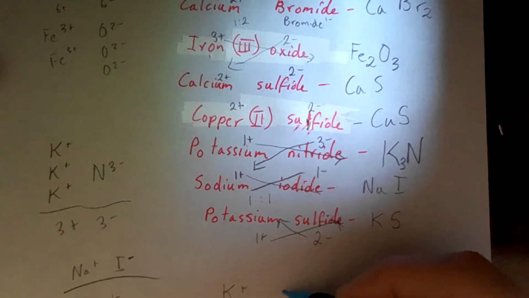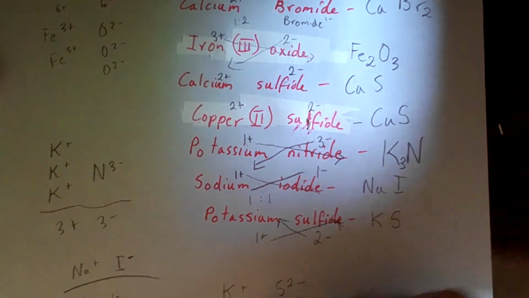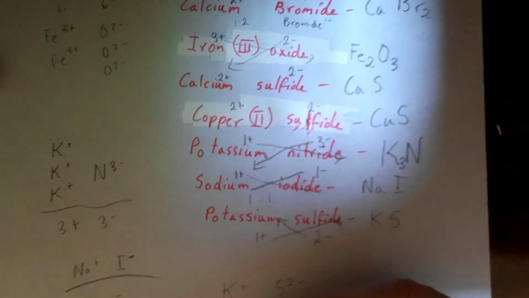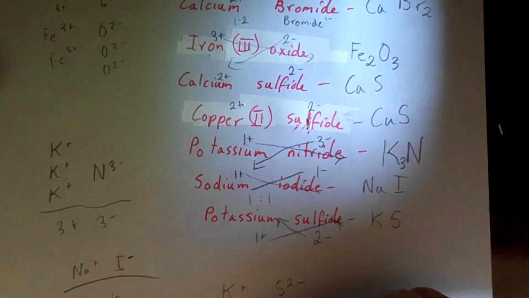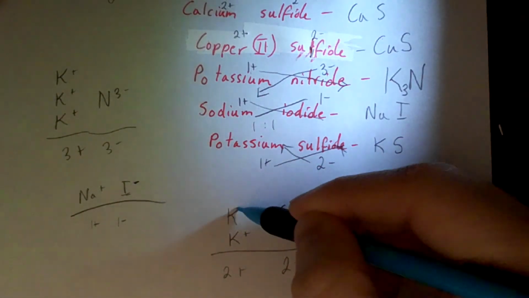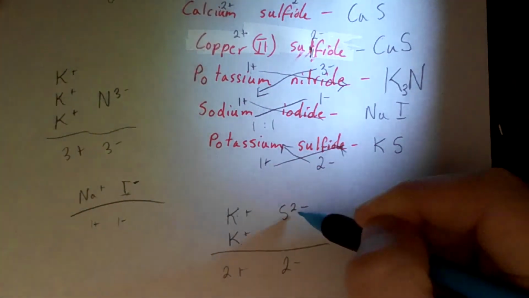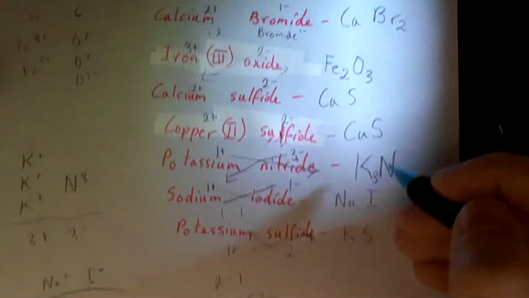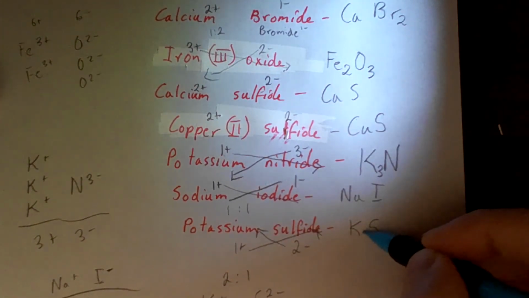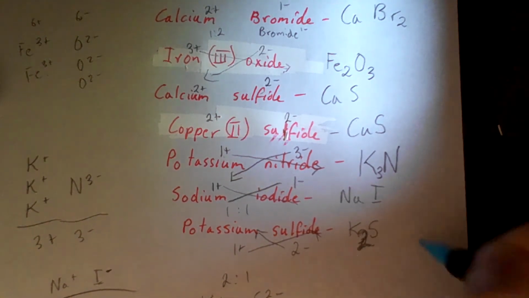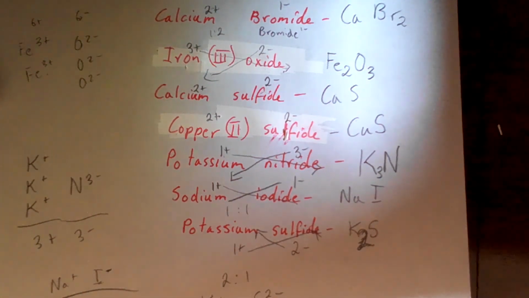K plus, S2 minus. So we need a 2 plus here, 2 minus here. So we need to add another potassium. So we have 2 potassiums for every 1 sulfide. So it's a 2-to-1 ratio. So it's going to be K2S.